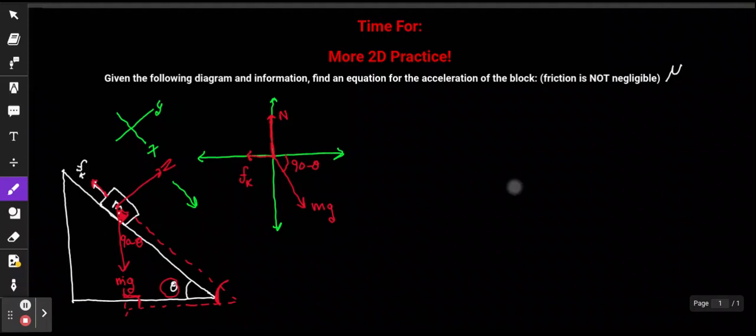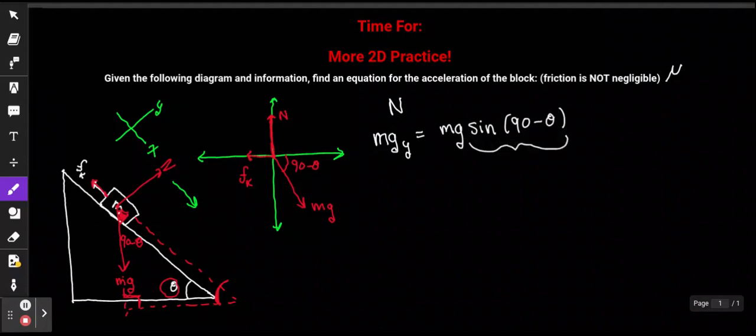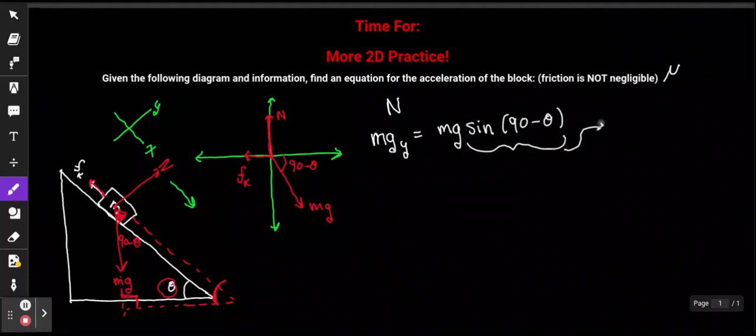So our N force is already in the y component, and mg for the y component is going to be equal to mg sine of our angle, and our angle is 90 minus theta. If you've taken trigonometry or algebra before, you should know that is equal to cosine of theta.